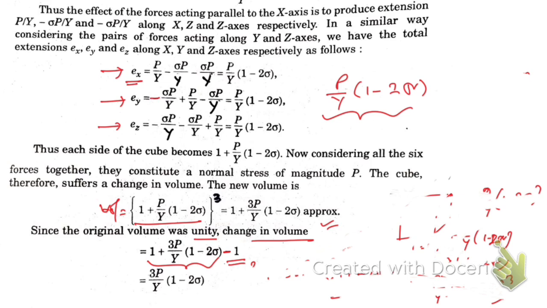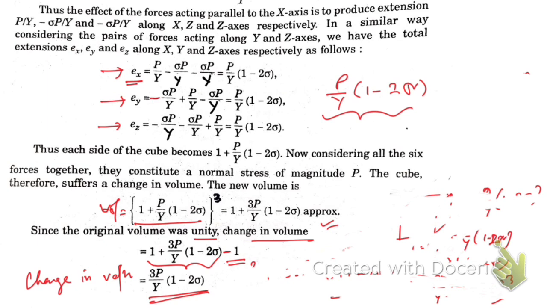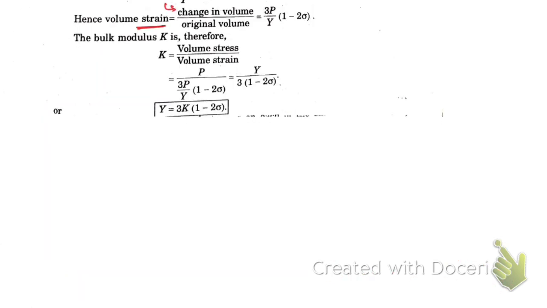If you subtract this, you're going to get the change in volume. Now volumetric strain is given by change in volume by original volume. We have got the change in volume, and the original volume is 1, so this is divided by 1. Again we're going to get this, right? Hope you have understood this.